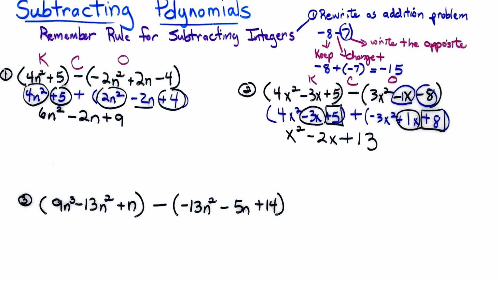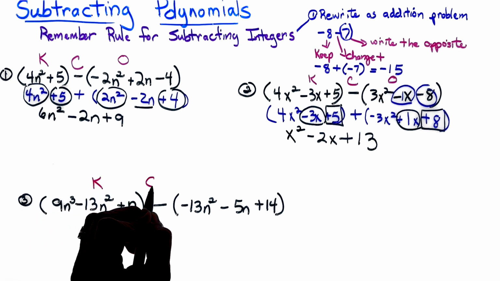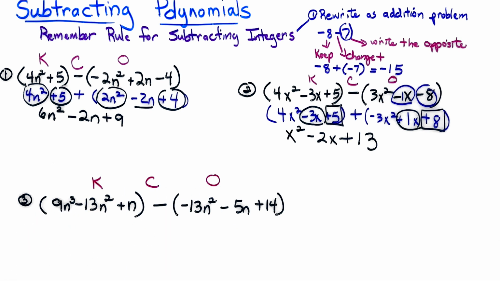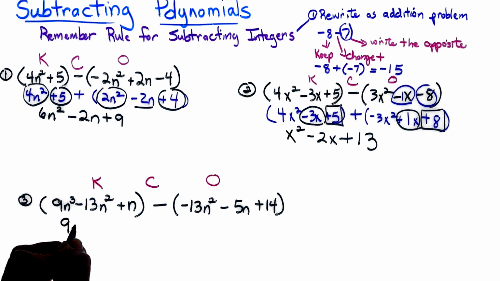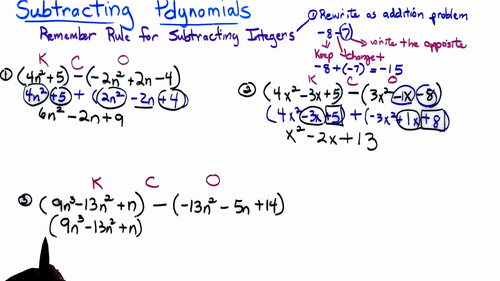And for the last one, again, I like to write keep, change, opposite, so I remember to do all of that. And I am keeping this 9n to the third, minus 3n squared plus n. There's my first one. I'm changing my sign.